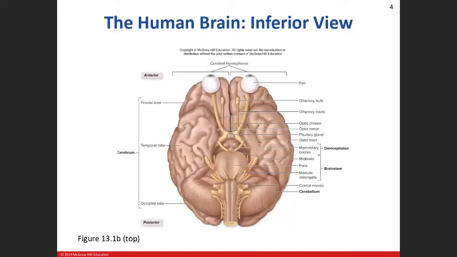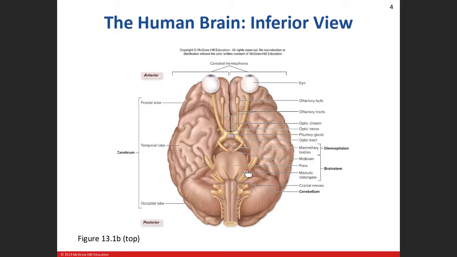This is an inferior view, and you can see all these structures. These yellow structures coming off are your cranial nerves. I briefly talked about the different divisions of the central nervous system and the peripheral nervous system, structural versus functional.